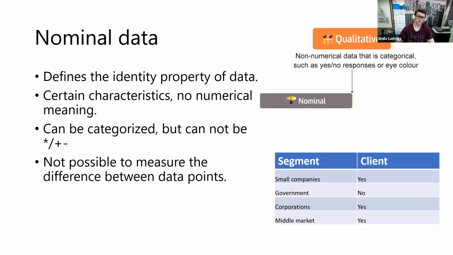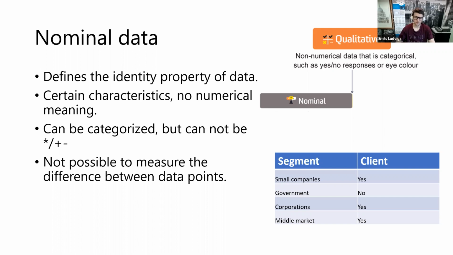For example, we see this is the segment, and the segment has this nominal data type client, which says whether we have clients in this specific segment. We say yes, governments no, corporations yes, middle market yes. What we can do is count these client answers and get the data, making this data numerical.